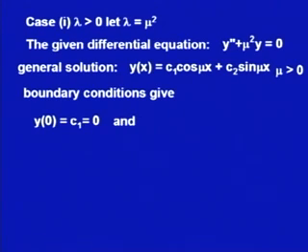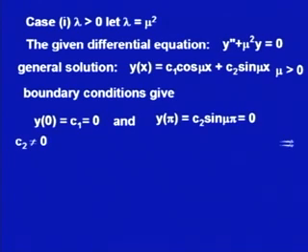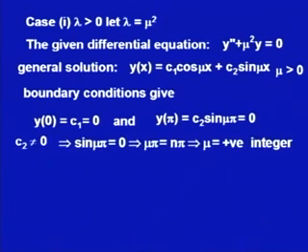When x is equal to pi, we get y at pi as C2 sin mu pi is equal to 0, because C1 is already 0. For a non-trivial solution, C2 should not be 0. That says I must get sin mu pi is equal to 0. We know that it will be 0 if mu pi is equal to n pi. That says mu must be a positive integer.